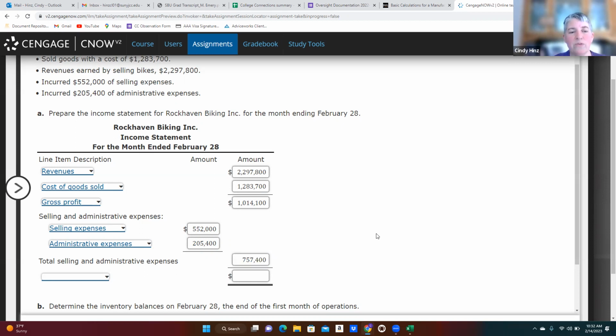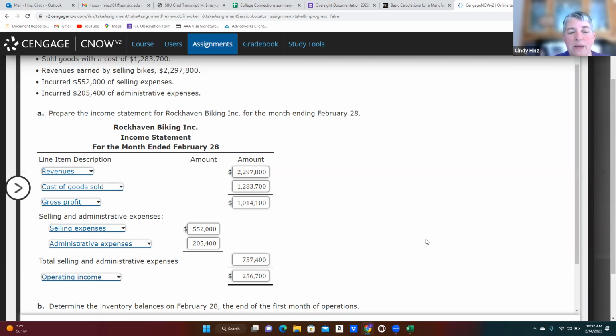And so I just added those two pieces together to get our total selling and administrative, and then we can subtract that from our gross profit or gross margin to get our operating income, or if the selling and administrative expenses were higher than our gross profit, that would leave us with a net loss.